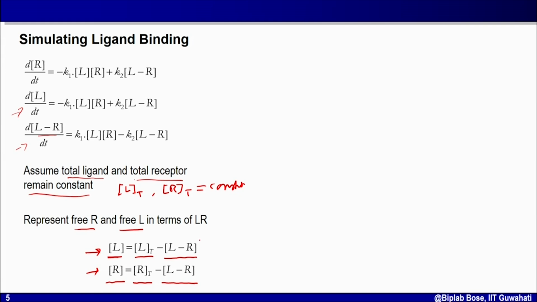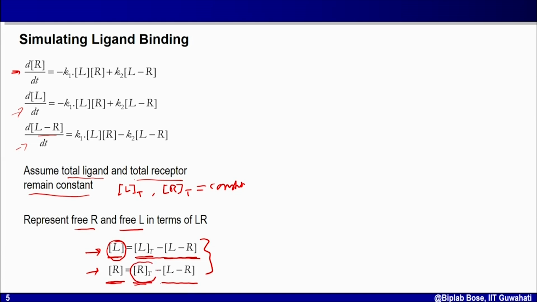So once you have these conservation rules, what can I do? See, here in this case, L can be replaced by LT minus LR. LT is a constant, so I don't require a differential equation for LT. R, for which you have a differential equation here as dR/dt, can be replaced by RT minus LR.